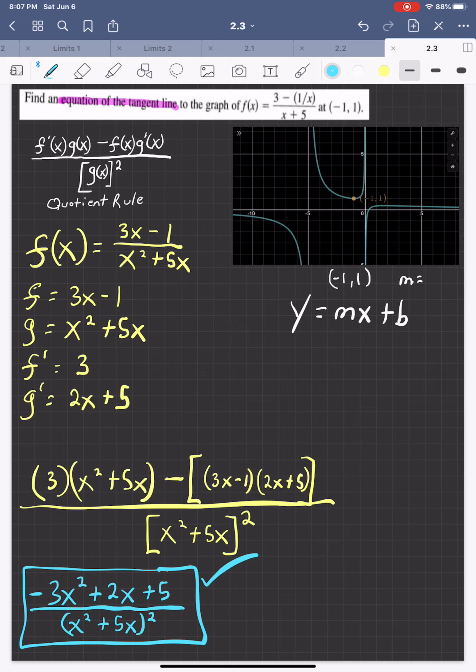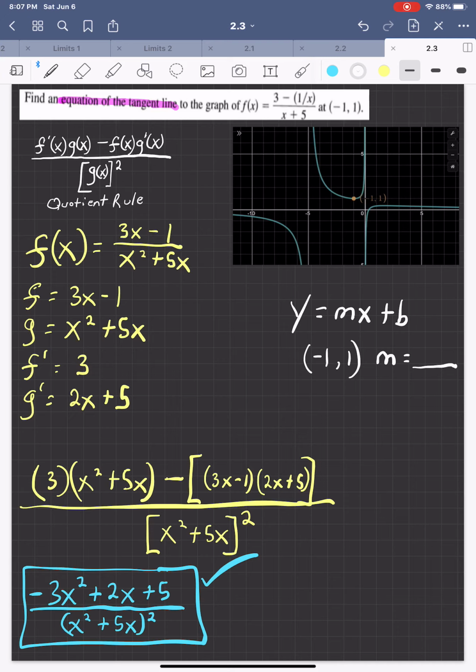So let's go back to what we want. We want the equation of the tangent line at the point. My point is (-1, 1), and my slope is, well, we don't know yet.